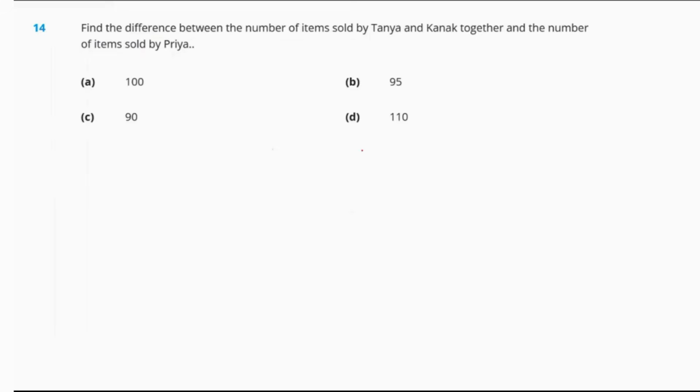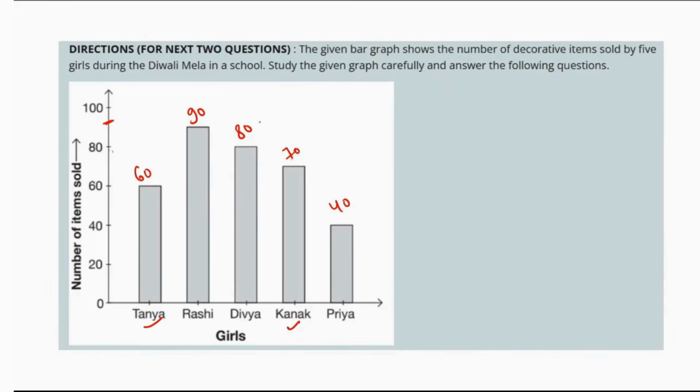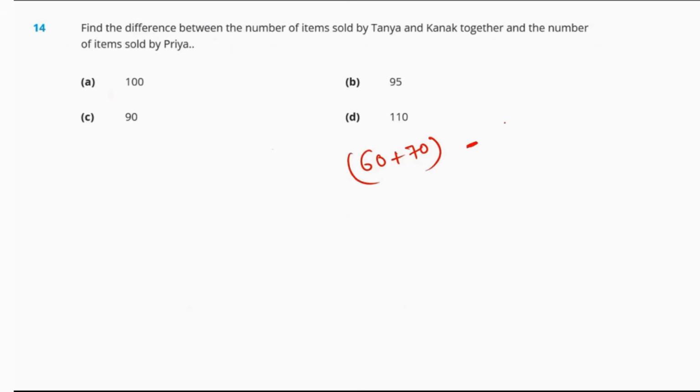So first we do the sum of these two. Then we have to subtract the items sold by Priya out of it. For Priya, it was 40, so we will subtract 40. Now, 60 plus 70 will be 130 and we subtract 40 out of it. So this will become 90. So the answer for this question is option C, that is 90.